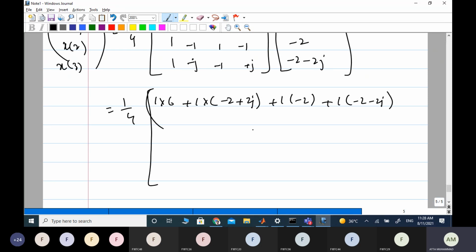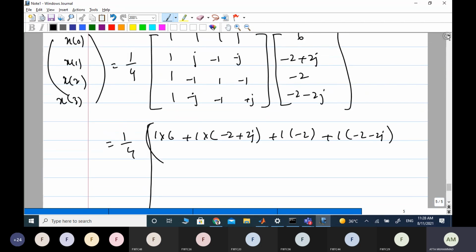Sorry for my excellent handwriting, I cannot change it. I tried. Okay, so again we have 1 times 6 plus, now this time we got j here, and we have minus 2 plus 2j. Now we have minus 1 here, and that must be multiplied by minus 2, and finally we have minus j multiplied by minus 2 minus 2j.